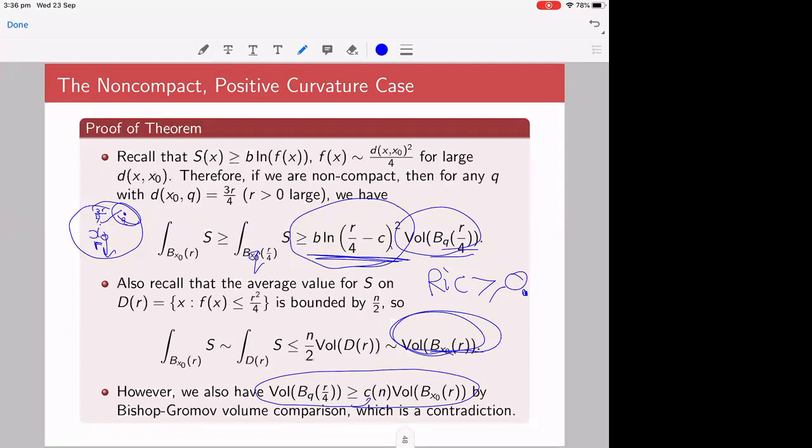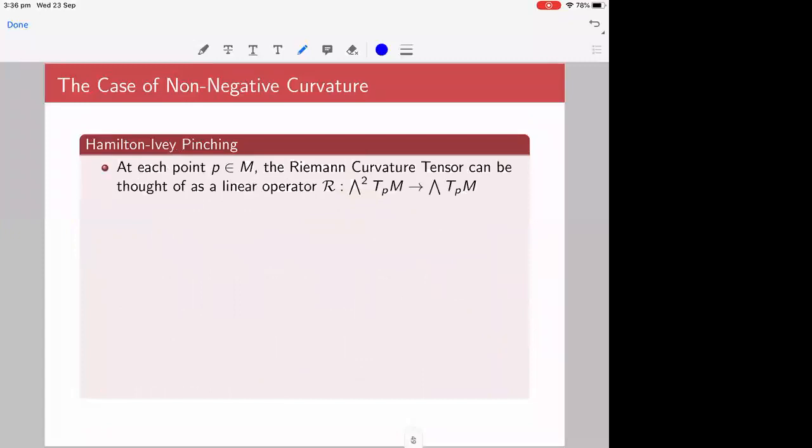Of course, unlike what I suggested last time, we're actually integrating over this smaller ball here. And because of what we know about the scalar curvature, we're able to derive these estimates here. Cool. So that was the proof of that theorem.